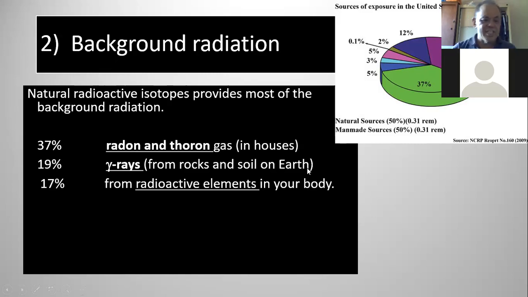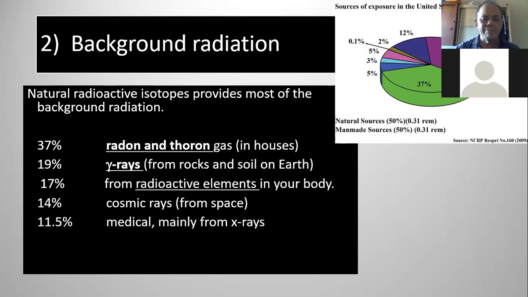It's there naturally. Then we also have radioactive elements in our body, carbon-14. We cannot avoid that because it is present in the air, and in the food we take. Then cosmic rays come from space, usually highly charged particles. And medical, mainly from X-rays.